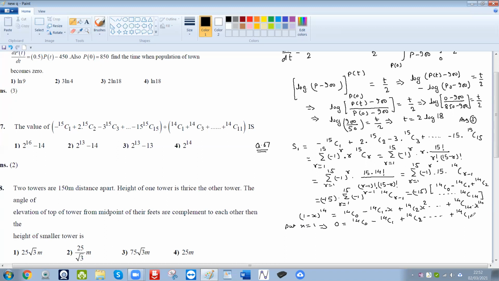Any student who prepares for JEE is already familiar with this result. I just explained the process involved in arriving at this result. So for S1, this bracket becomes 0. So overall value of S1 is 0.